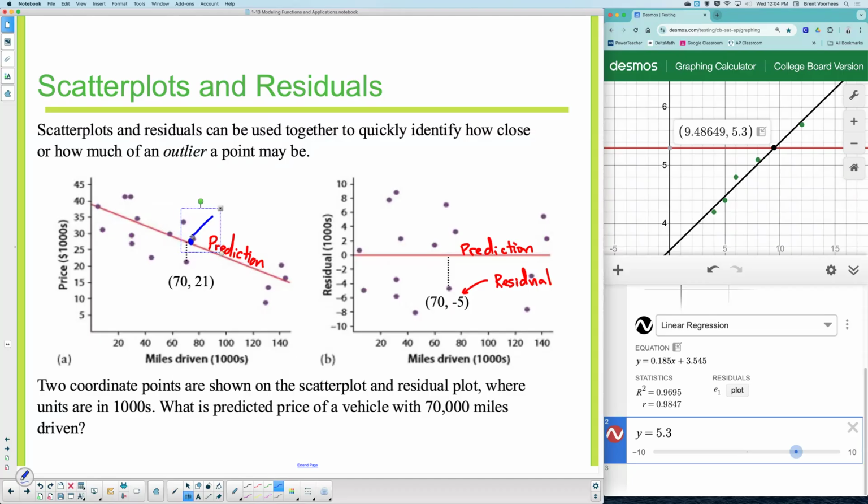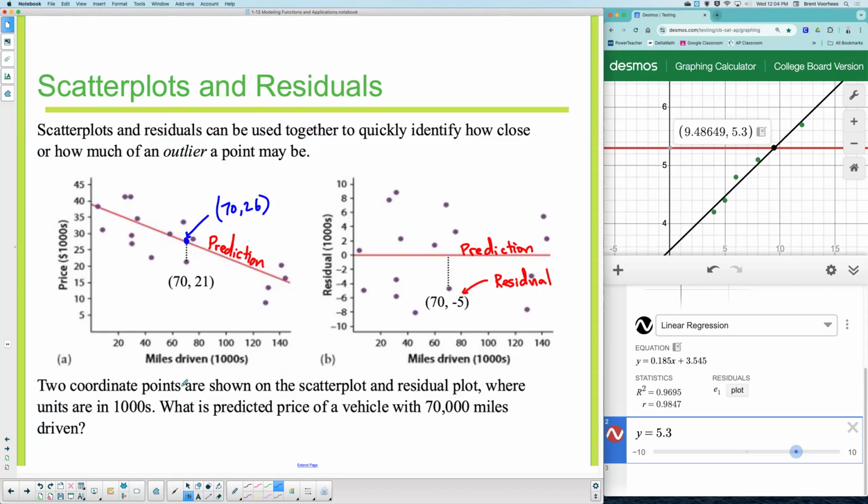Does anybody know? 70, 26. How'd you get 70, 26? Well, using the residual, how much was it off? 5, and it was 5 underneath, which means this point's got to be 5 above. What's 5 above 21? 26. Does that make sense? That's how a residual works.